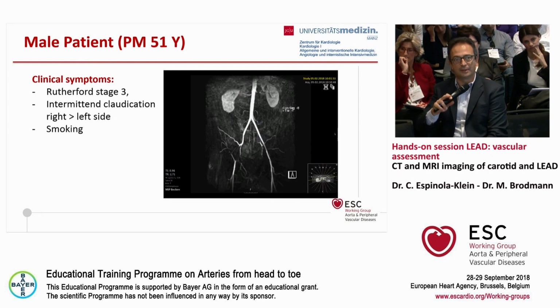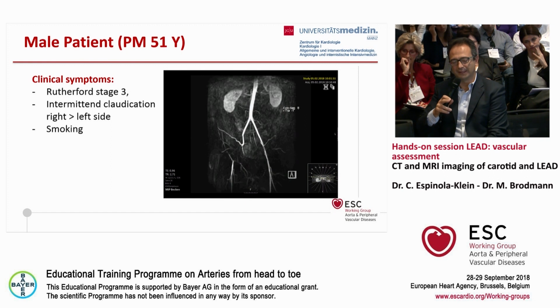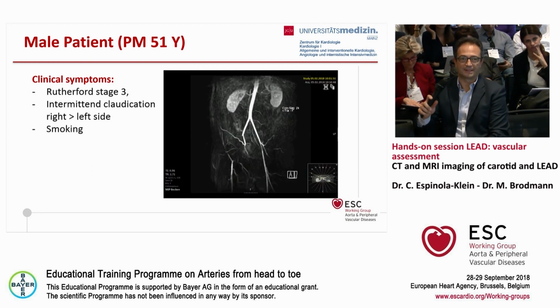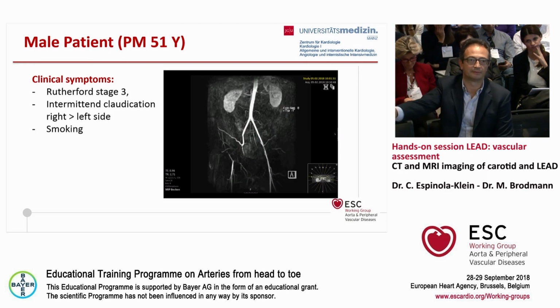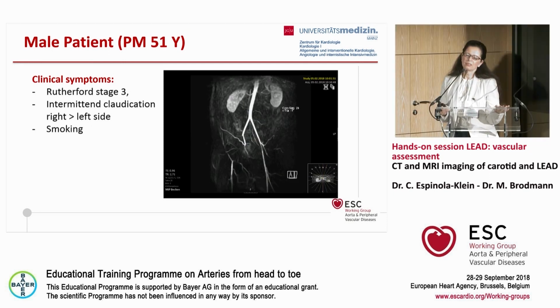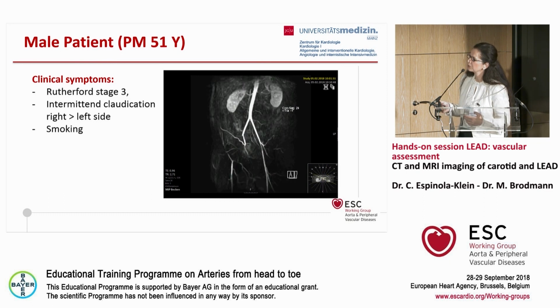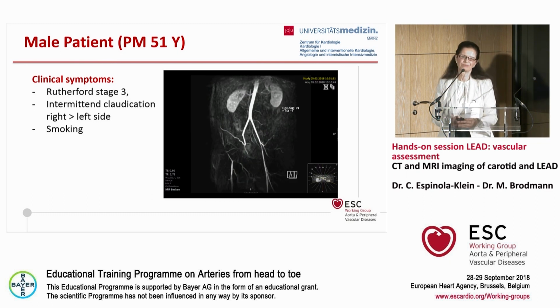So what I would do, as the patient clearly needs some treatment because he's really impaired in his daily life, I would try to go from below, from a retrograde recanalization, and see if I can get into the common iliac. Because otherwise, from above... But maybe you might, anyway, also need a stent in this area. So maybe.